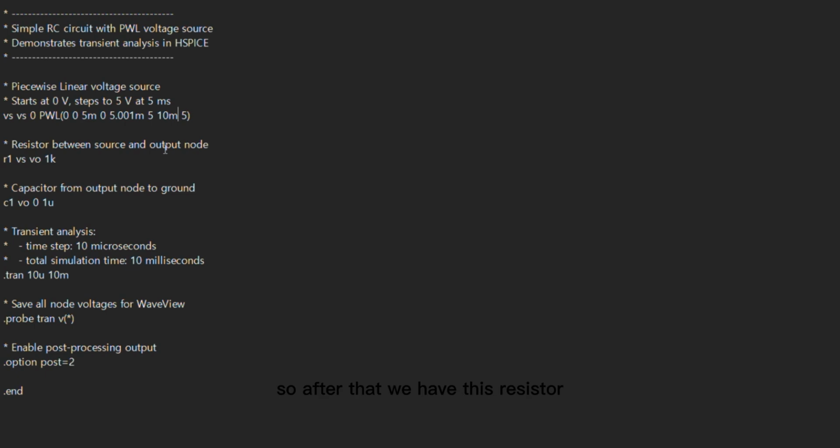After that, we have this 1 kilo ohm resistor, which is between the source and the output node. This resistor limits the current, and together with the capacitor, it defines the time constant of the circuit.